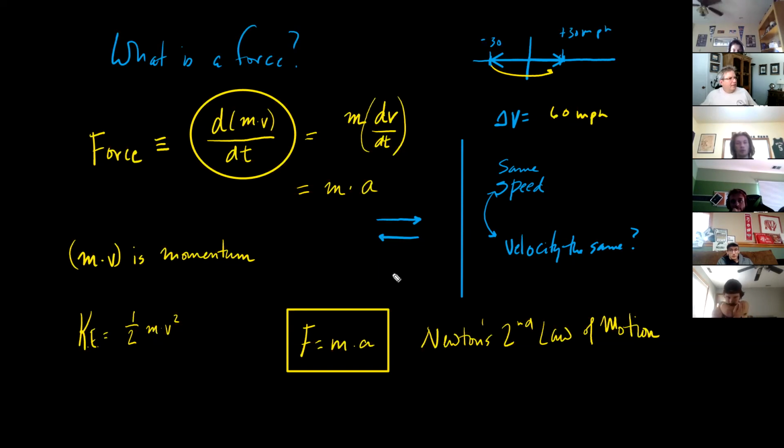Why not? Because what am I doing to the velocity? I'm squaring it. So the first velocity was plus 30 squared, which is 900. When the molecule bounces off, it's minus 30 squared, which is how much? 900. Still 900. That doesn't change. So when the molecule hits the wall of the box, it does not change its kinetic energy.